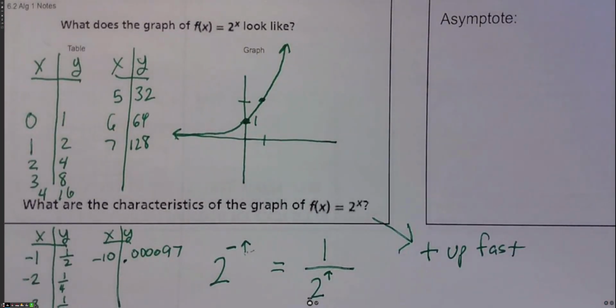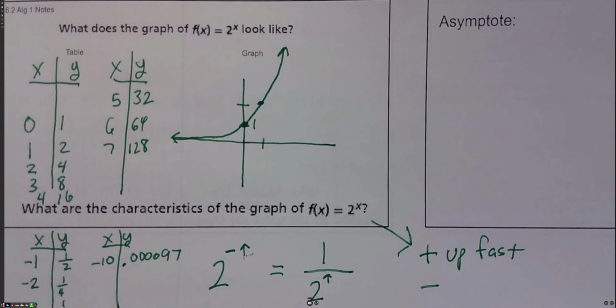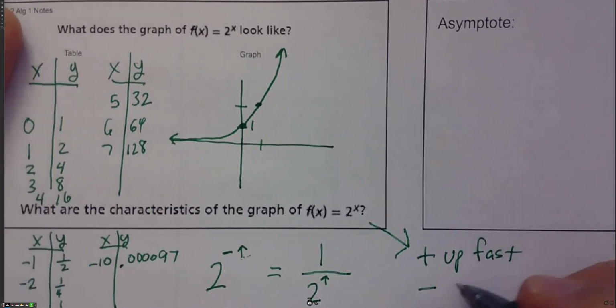Because it's definitely not going up on the other side. Yeah, but we don't use that word anymore. We only use slope for lines. But okay, what is the negative side doing? It's going slower, close to 0.